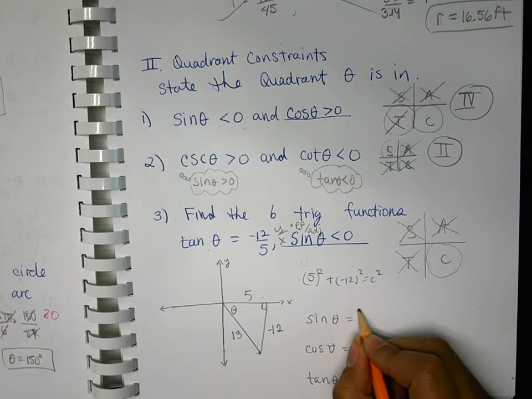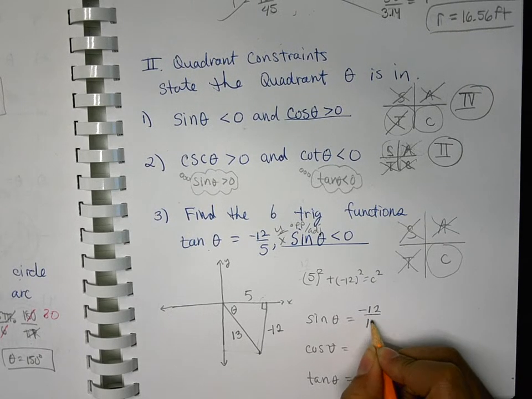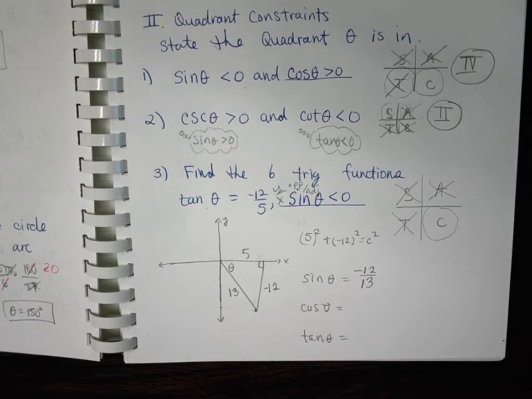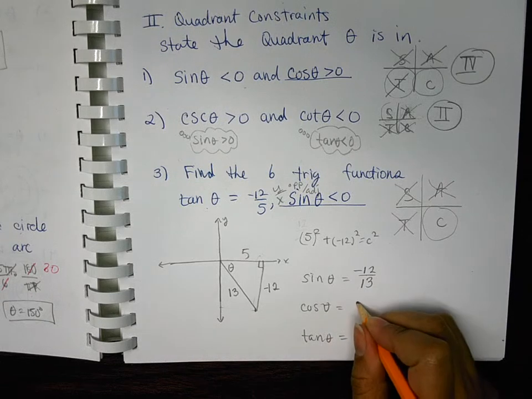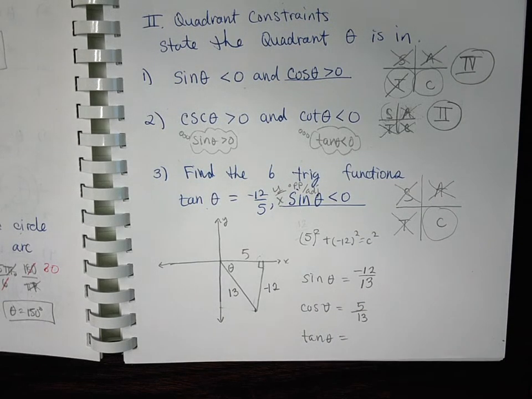So opposite over 13. Can I reduce? No. Cosine is adjacent over hypotenuse, so what fraction would that give us? 5 over 13. And still can't reduce. And tangent's opposite over adjacent, the one I said earlier. And what's opposite over adjacent?